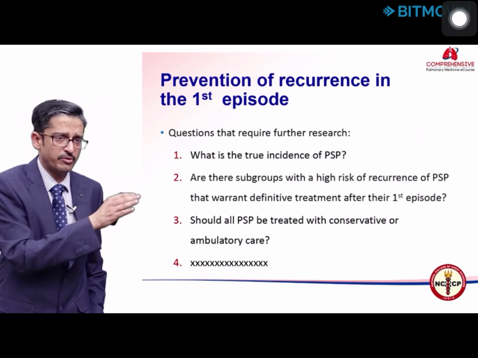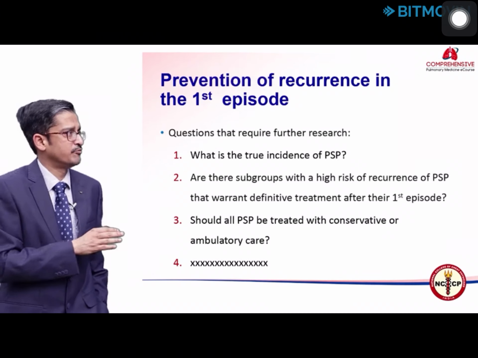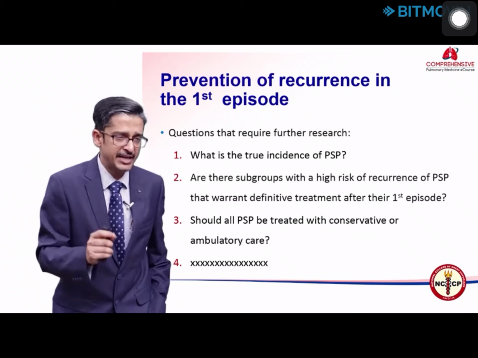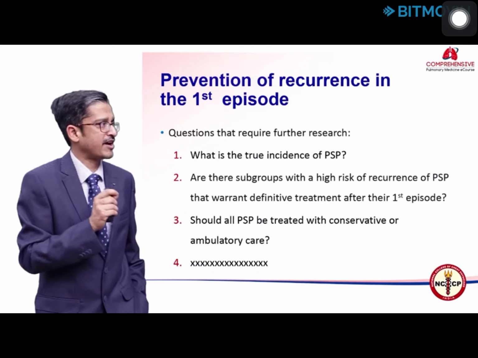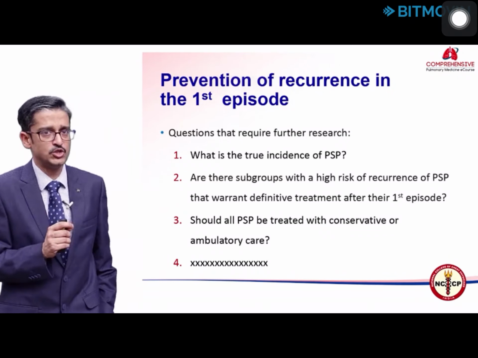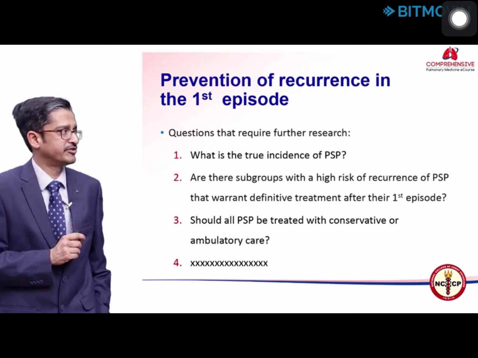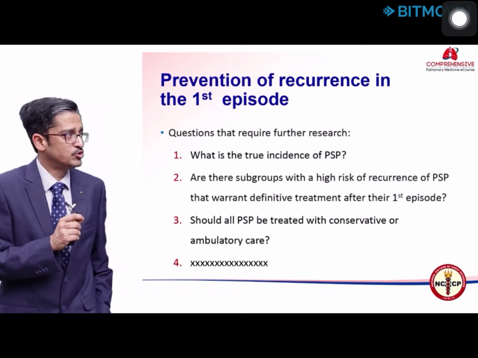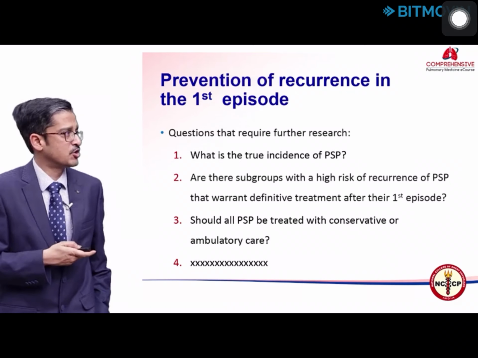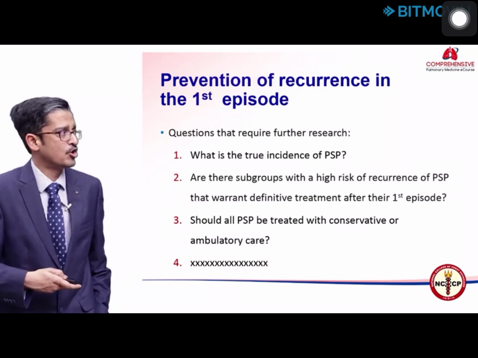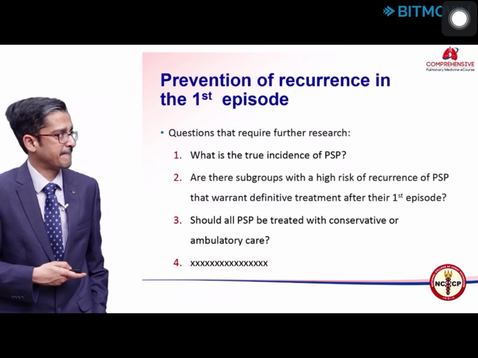So I think these are questions that are still unanswered. We don't know the true incidence of primary spontaneous pneumothorax. We are unable to identify subgroups of high-risk recurrence of primary spontaneous pneumothorax which warrant an intervention, which warrant treatment after the first episode. And we do not know whether all patients with primary spontaneous pneumothorax should be treated by a conservative or by ambulatory care.